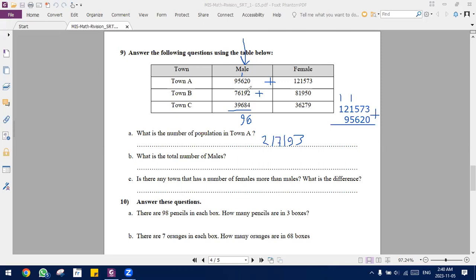And then we have 1 here, 13. 1 here is 14. 4, we carry 1. 9, and the one that we carry is 10. Then plus 6, 16. Plus 5, 21. 1, we carry 2. Now the last one, we have 7 plus 3 is 10. 10 plus 9 is 19. Plus 2 is 21. So the number of males is 211,496.